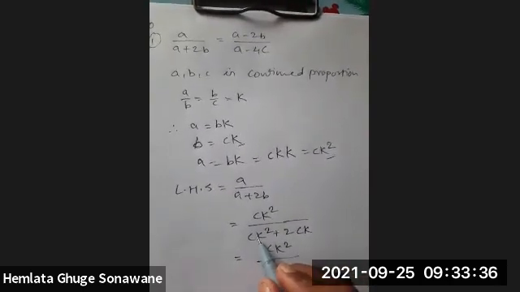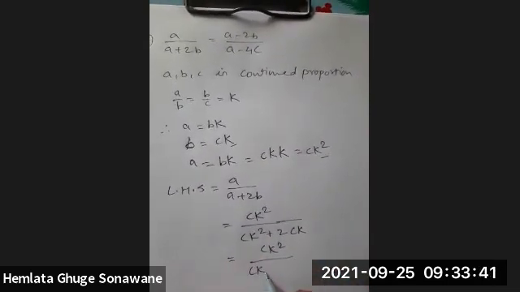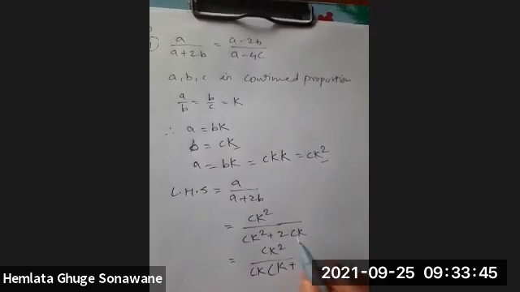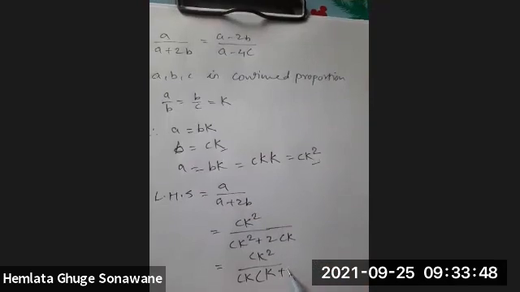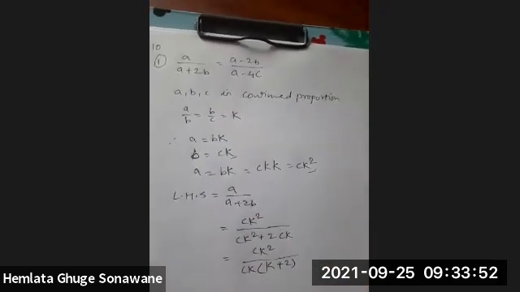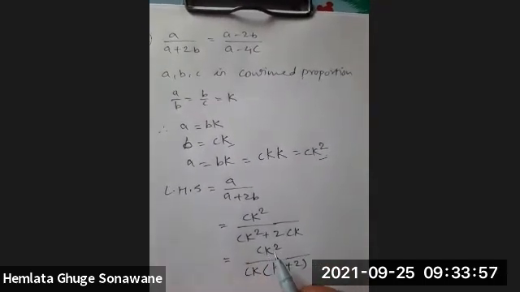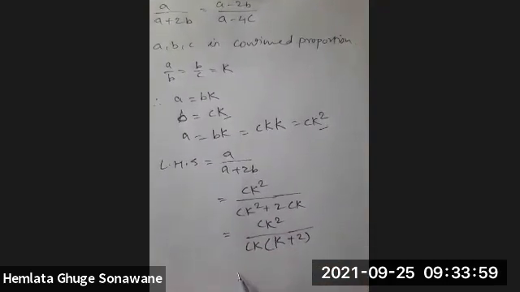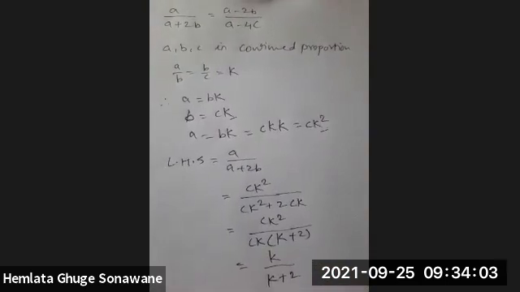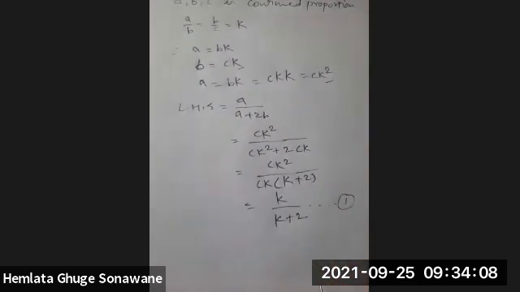Here we can take CK common, so what remains here is K plus 2. Now CK and CK get cancelled. So K remains, equal to K upon K plus 2. This we have got, and we'll mark this as 1.